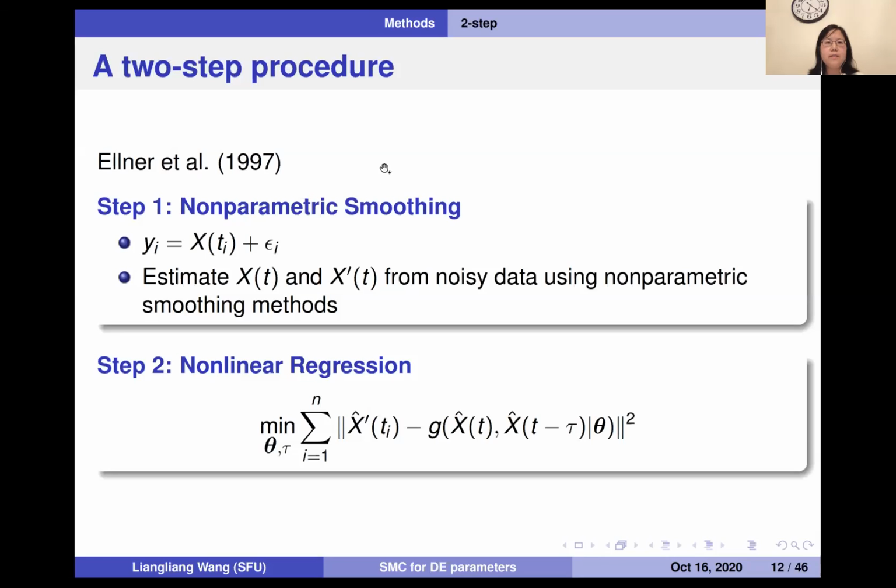Another method is called a two-step procedure. In this two-step procedure, first we do non-parametric smoothing. So we can estimate x of t and the derivative of x of t from noisy data using non-parametric smoothing methods. And then we can do nonlinear regression to estimate the parameter theta and tau.